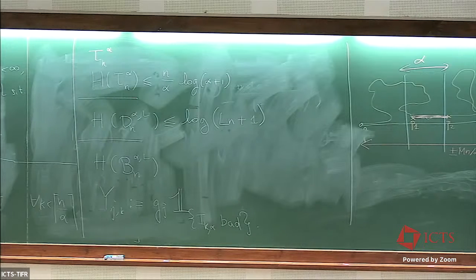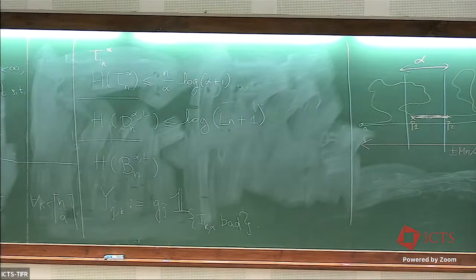So let's look at the random variable. Let Z be a random variable on some space omega into A, where A is a countable set, and we have the entropy of Z to be finite.